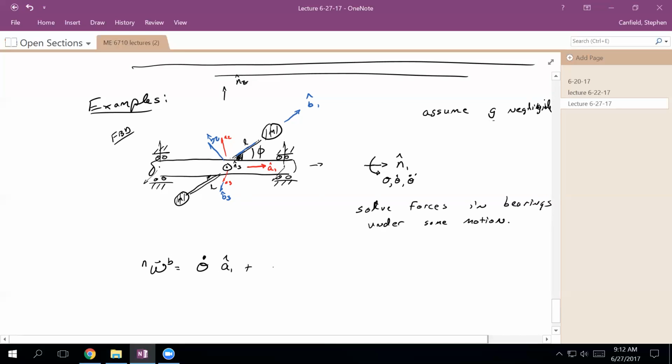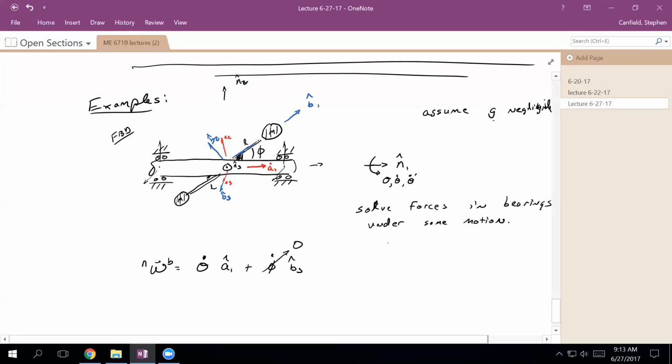And then I get a phi dot, and that looks like it's around the A3 or the B3 direction. So I'm going to try to end up in the B frame coordinates. And I also said that b was constant, so that term's going to go to 0. So it looks like my angular velocity B to N is just theta dot A1. Easy, I chose an easy example for me to work out here. Nice one to get started.